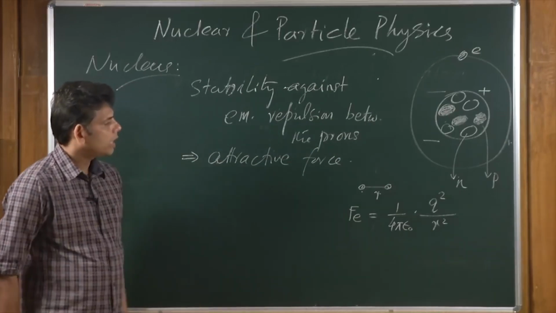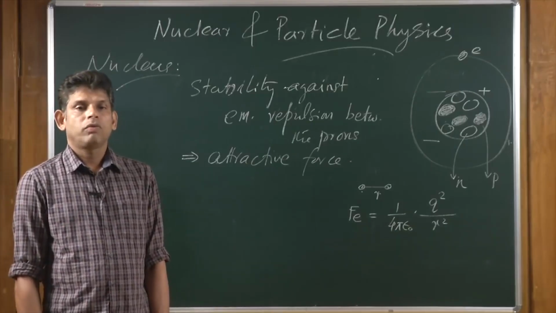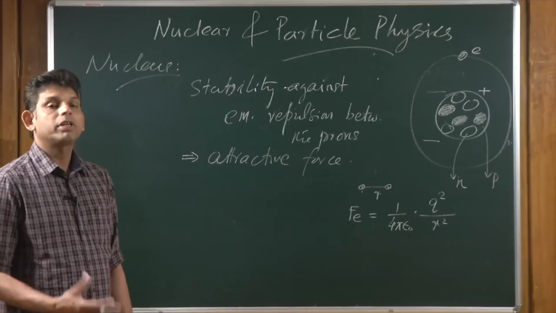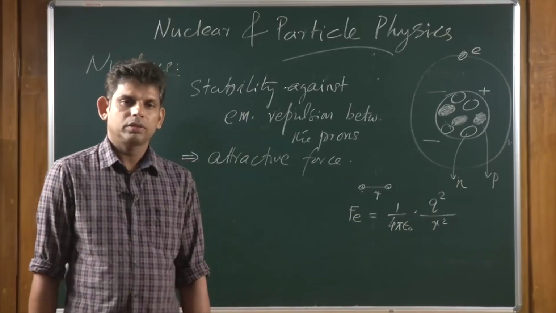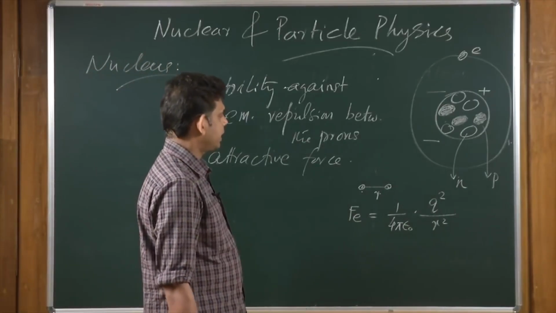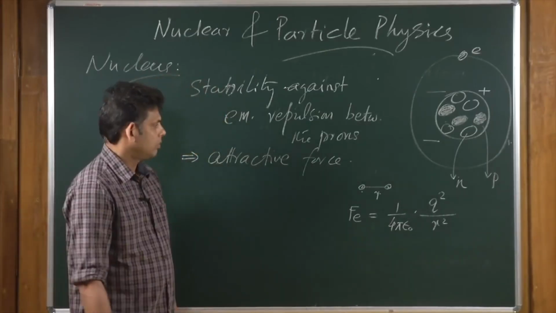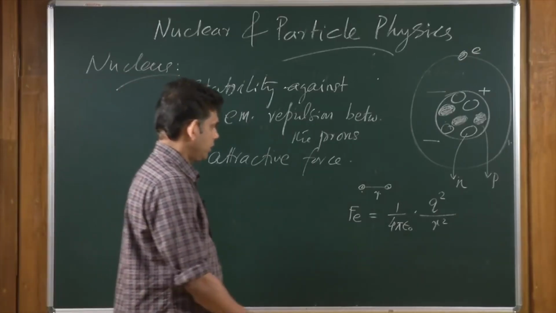What kind of attractive force are we familiar with? We are familiar with the gravitational force, which we know is attractive in nature. So, they will attract these things. Now, see whether that can fit in here.